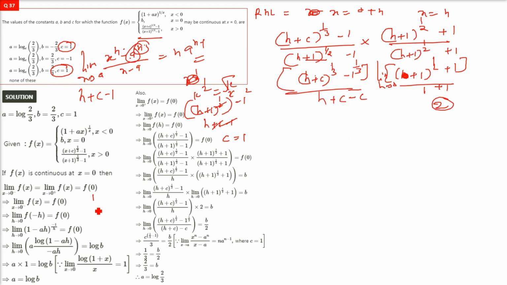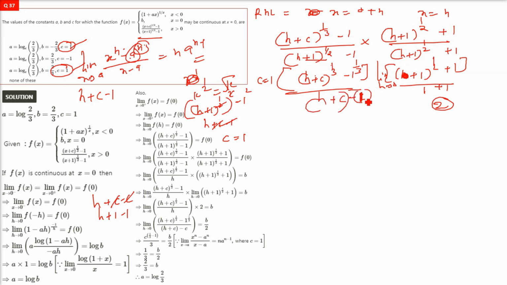You can write the denominator as h plus 1 minus 1, or essentially h plus c minus c, just to make it similar to the numerator. c equals 1 is already the option, so we can always employ it. We are saying h plus c minus c because c gets cancelled, you get h. But here I am writing c as 1 because it is in the answer.